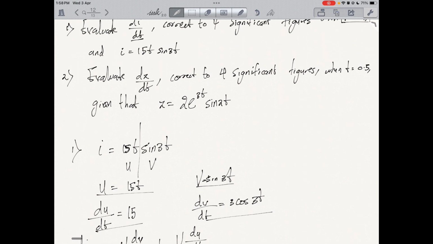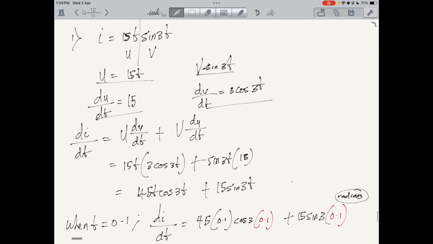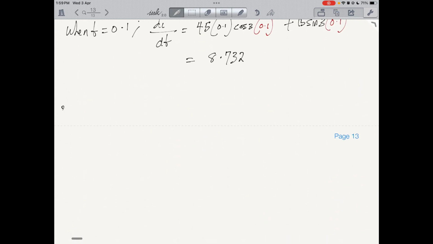Now let's look at the second question. It says evaluate dz/dt correct to four significant figures when t is equal to 0.5, given that z is equal to 2 exponential 3t sine 2t. The first thing we have to do is to pick one to be u as usual and the other to be v.